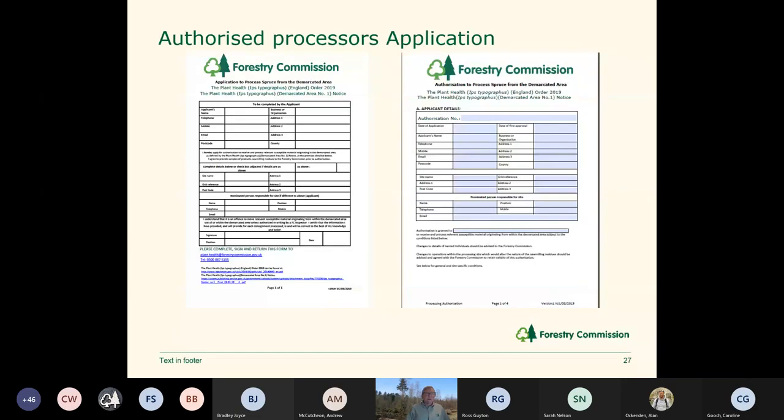This is just a reference to the application process for authorised processors. They can go online and pull down the application, which then prompts an inspection, and then they're provided with this authorisation material. For traceability, the records of dispatch from any site, with the weight, the time, the site it's moving from, and its destination, are recorded.